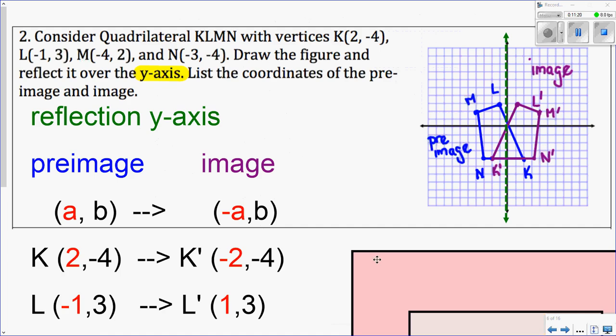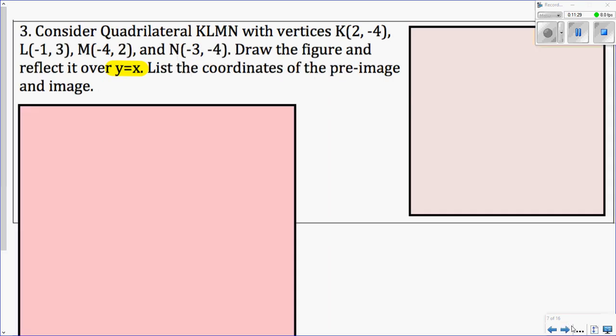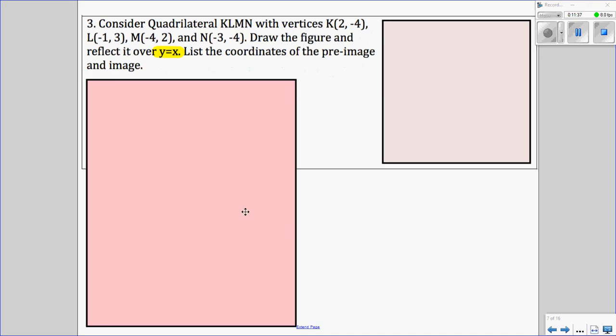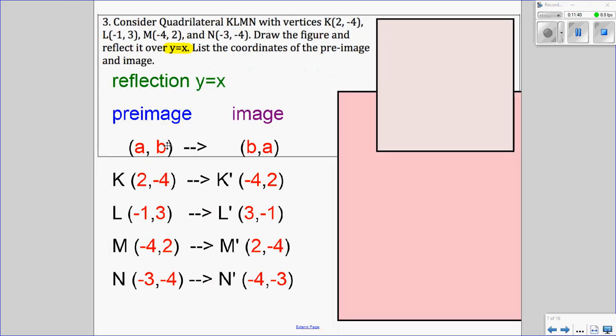So you see the image. Basically it's an actual reflection over the y-axis. Same points, but now we're reflecting it over y equals x. We have the pre-image. Remember, the numbers will stay the same, but you just switch the order. Then we get our image.